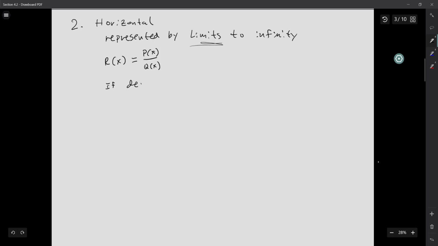If the degree of p of x is less than the degree of q of x, what this basically means is that for extreme values of x, p of x is going to be smaller. And as a result, my horizontal asymptote will always be 0.